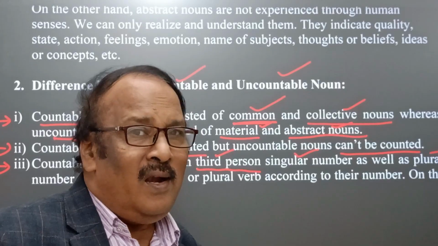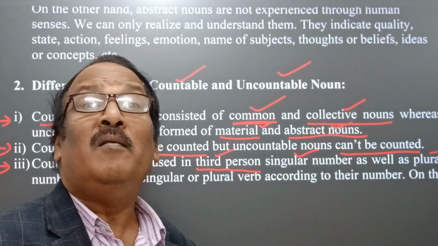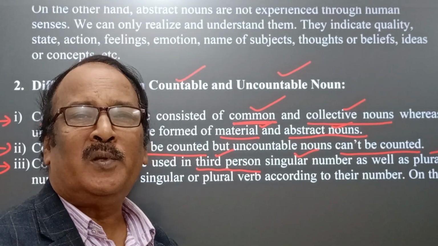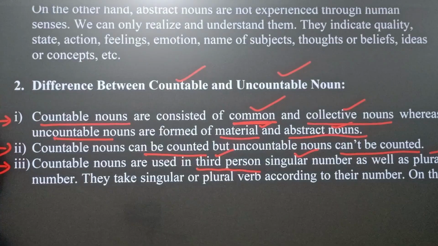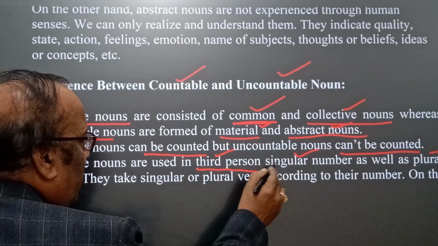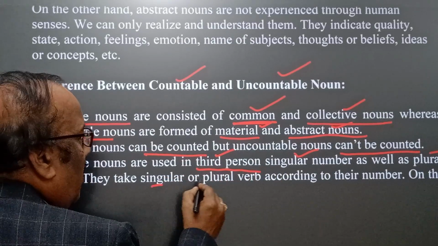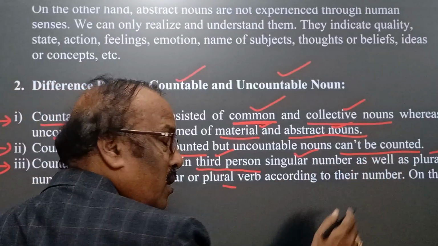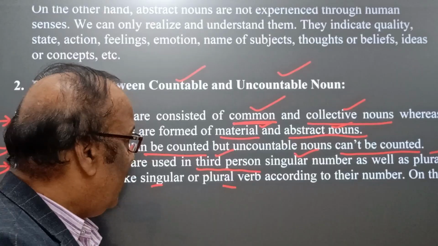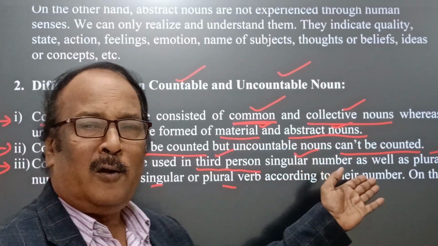For example, child plays, children play. Child, third person singular number; children, third person plural number. They can take a singular verb or a plural verb according to their number.